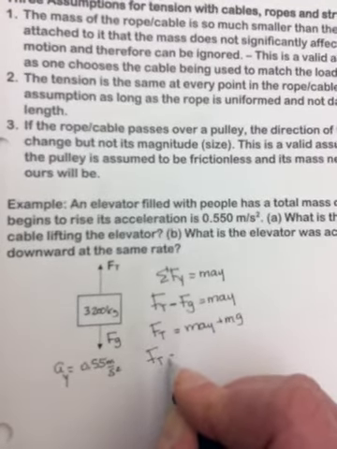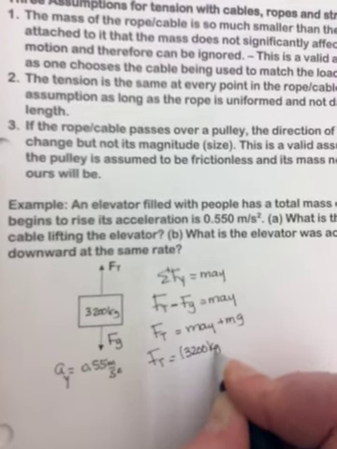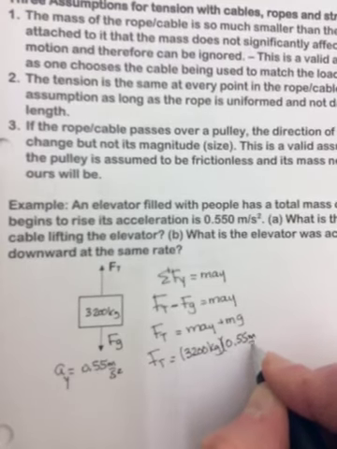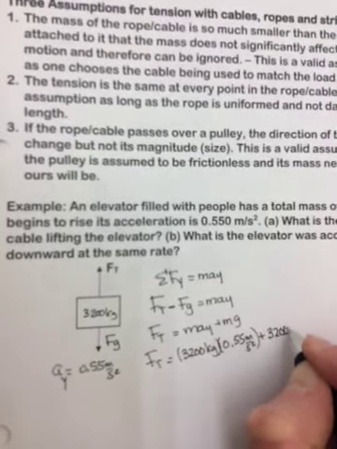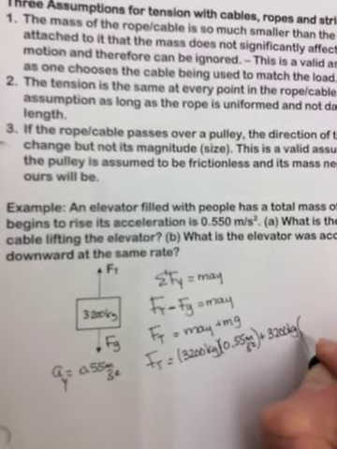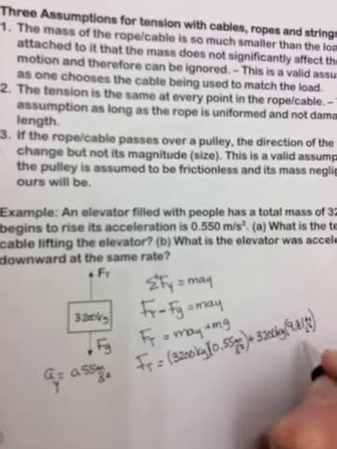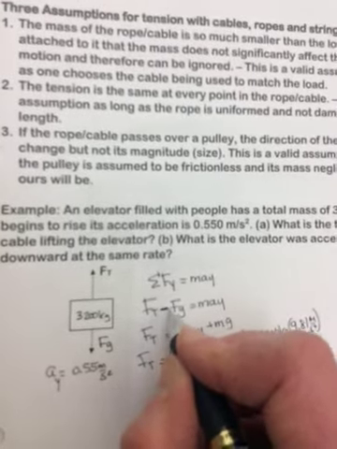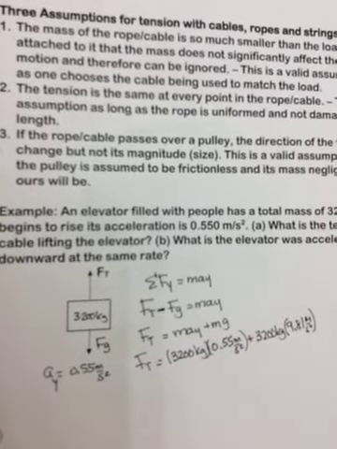So F_T will equal, m is 3,200 kilograms, a is the 0.55 meters per second squared, plus 3,200 kilograms times 9.81. Now notice I am not putting a negative on my 9.81. Just like all our other force questions, we looked after our negative up there when we put in our F_G. Okay, so don't put it in twice.